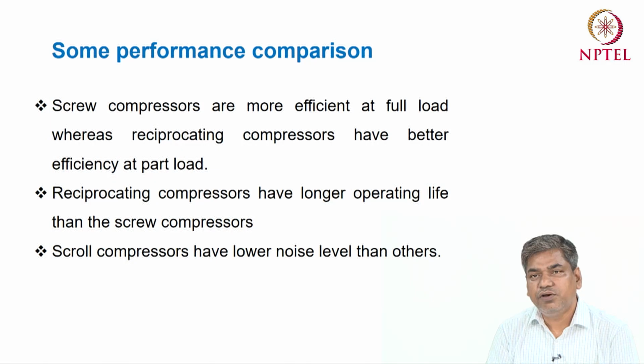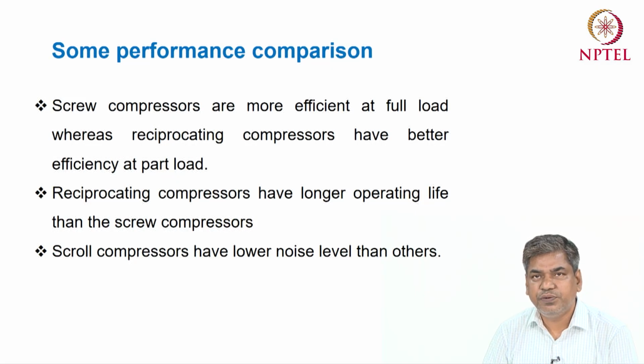And some other comparisons which I have discussed in the previous slide can also be summarized, or there may be some other differences between the different types of compressors. There are many differences, but some important differences between the different compressors I have listed in this slide.